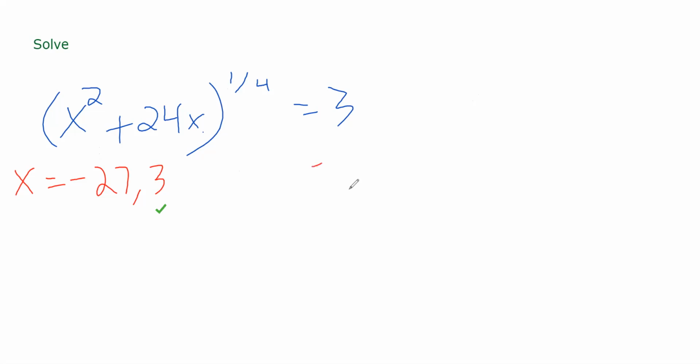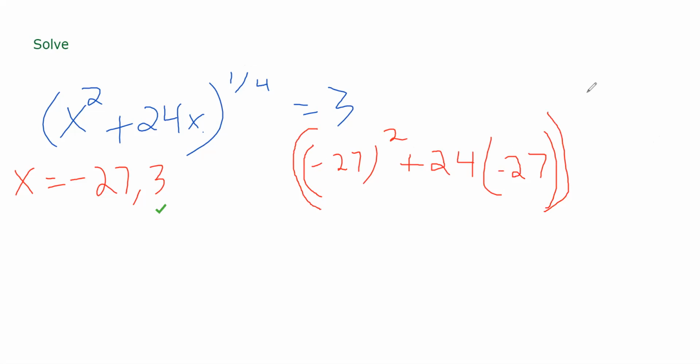Let's see. Negative 27 squared plus 24 times negative 27, and that is all to the 1/4 power. We're still asking, does that equal 3? Well, negative 27 squared. We know if it's a negative number being squared, it's going to become positive.